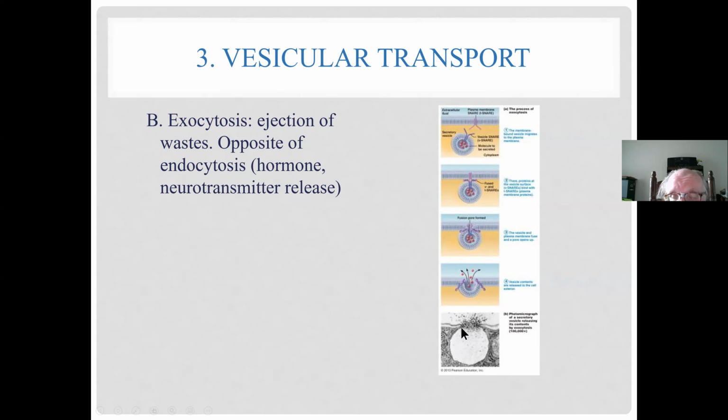Then the vesicle fuses with the cell membrane, opens up, and dumps the thyroid hormone into the interstitial fluid. Like I told you a little while ago, every cell is surrounded by blood vessels. That's how the cell gets oxygen, glucose, the other nutrients and electrolytes it needs, and how it gets rid of waste.